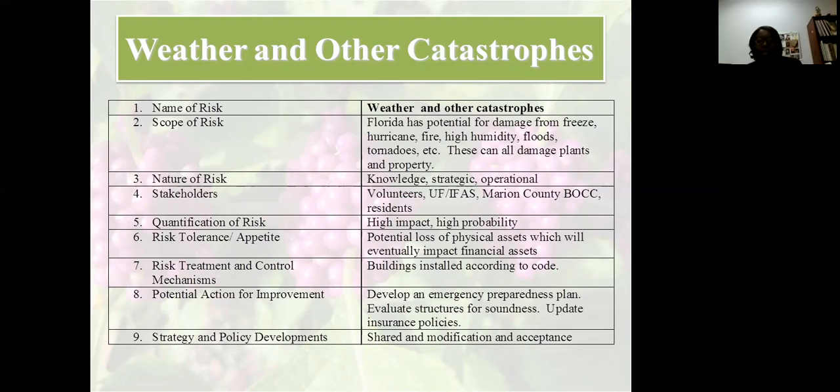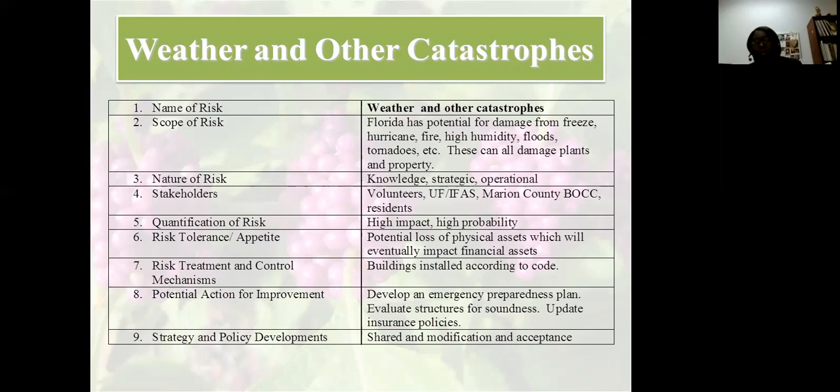We need to make sure that our buildings are installed according to code. We have three storage sheds, a greenhouse, and a shade area. We have to make sure that all these things are installed according to code and have an emergency preparedness plan. And we constantly evaluate our buildings for soundness.